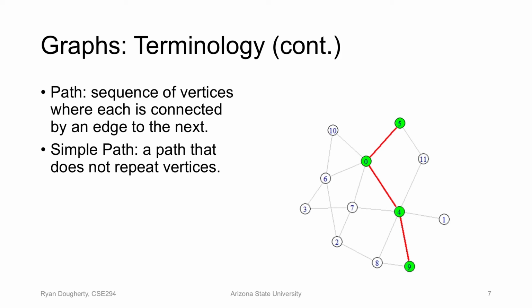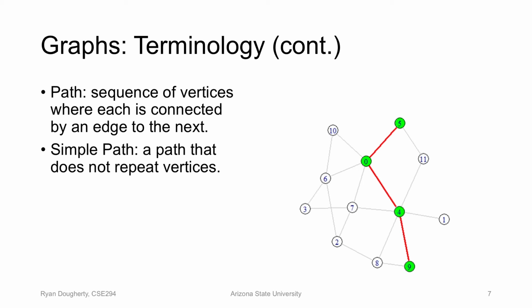So, can you see it? Yeah. So this is a simple path because it is a path, obviously. It doesn't jump anywhere else because each of the edges connects each of the next vertices in a row. What is an example of a path in here that's not a simple path? Well, since a simple path does not repeat vertices, you can think of a path that's not simple to be one that repeats a vertex, right?